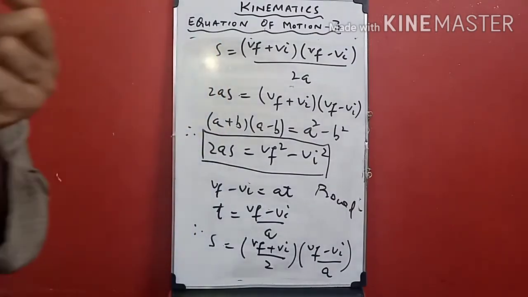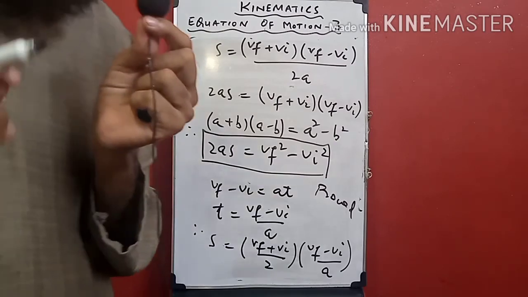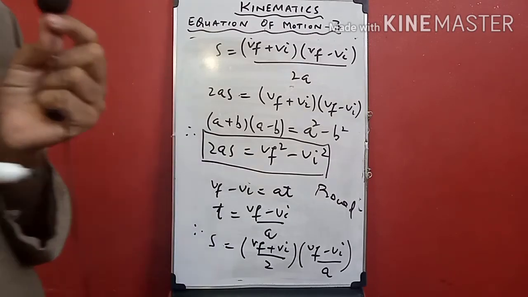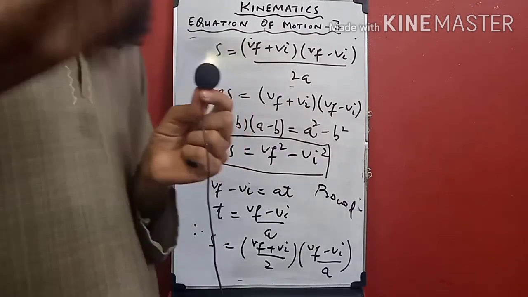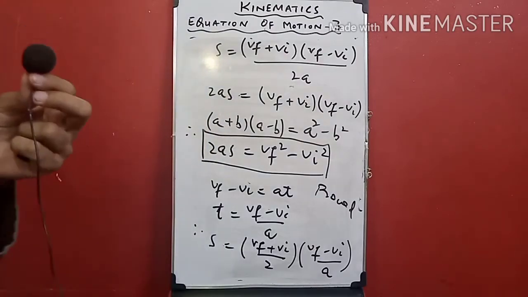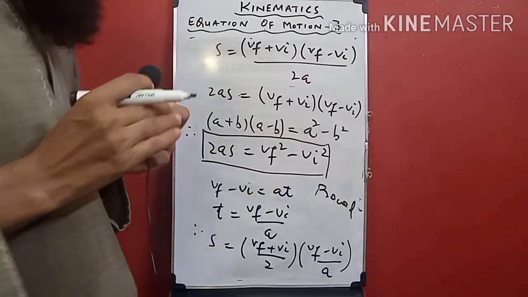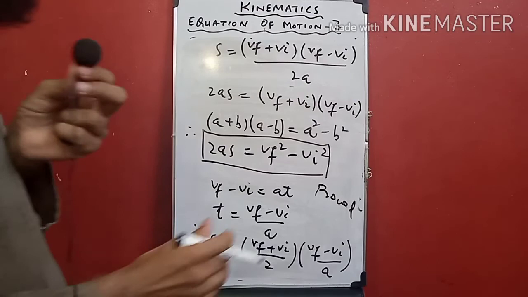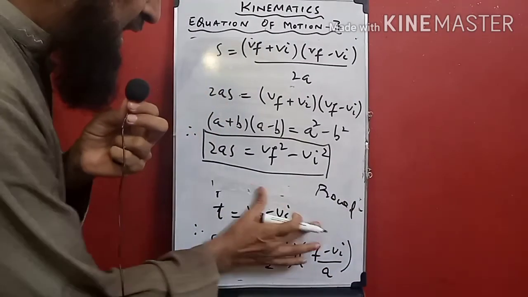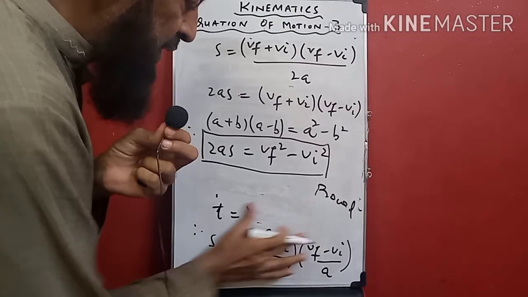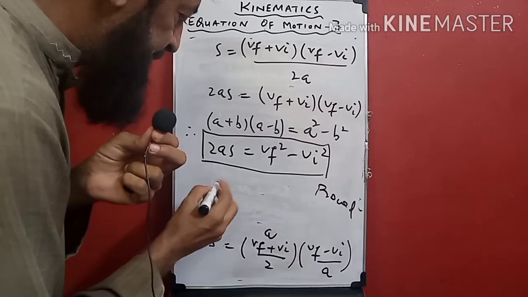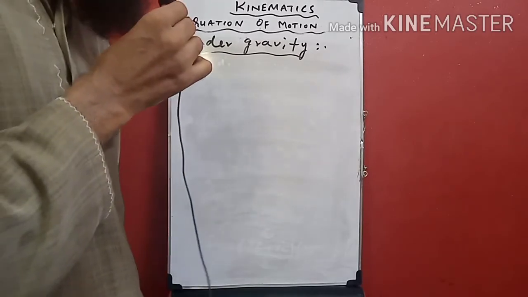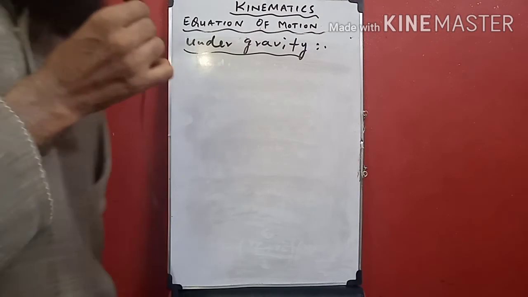In gravity, when a body moves from a high to a low position, or when a body is thrown up towards a height, the equation of linear motion is changed into the equation of motion under gravity, where only A is changed into G. Students, now we will come to the equations of motion under gravity.